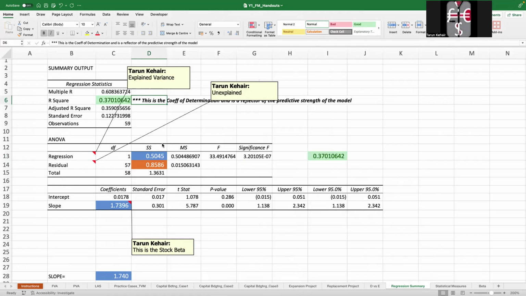That is why, when we were studying the CAPM, what was the CAPM equation? Expected return of a security is the risk-free rate plus beta into Rm minus Rf. We are only taking the systematic risk component, not the total risk, because it's your responsibility to reduce and eliminate unsystematic risk by diversification.